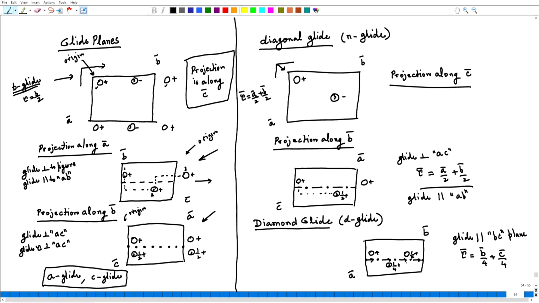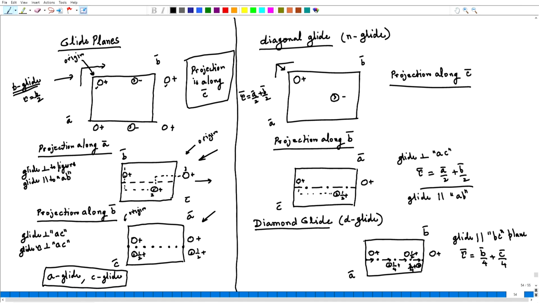Now, reflect, handedness changes again and we move to this position, and another 1/4 added to half would be 3/4 plus, reflect and then we come back to this position. So, this is the way the pattern will get generated because of the diamond glide.